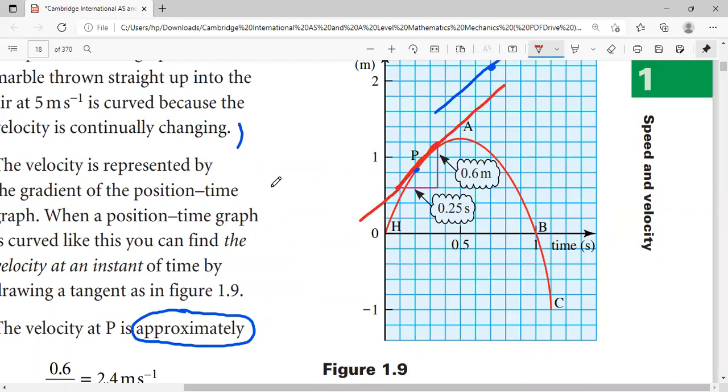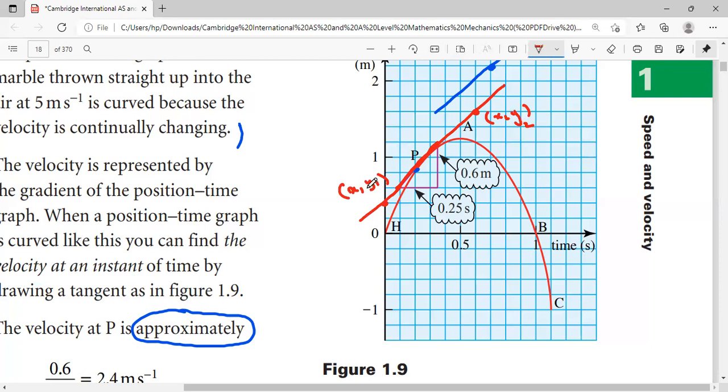So we assume that this line is the tangent, and from this tangent we will find the gradient. We take any two points on this line and then apply the gradient formula. What is the gradient formula when you have two points? Let's suppose this one is x1, y1 and this one is x2, y2.